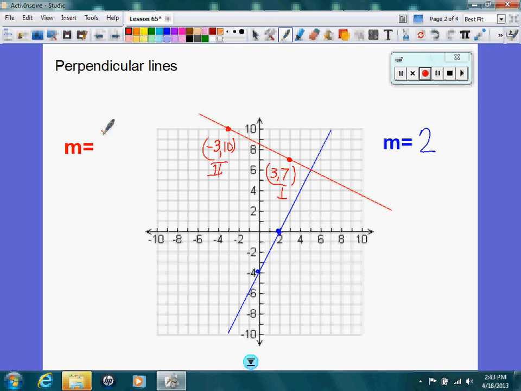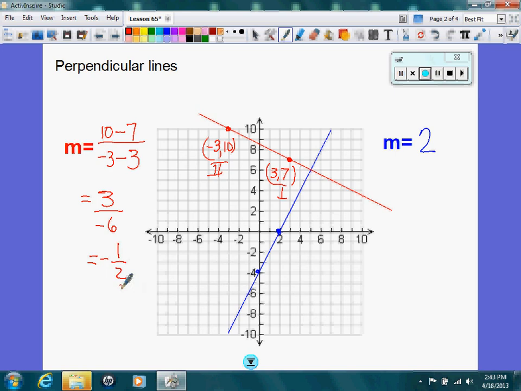So y2 would be 10 minus y1, which is 7, and then x2 would be -3 minus x1, which is 3. So 10 minus 7 is 3, and -3 minus 3 is -6. A plus divided by a minus is a minus, and 3 over 6 would reduce to -1/2.